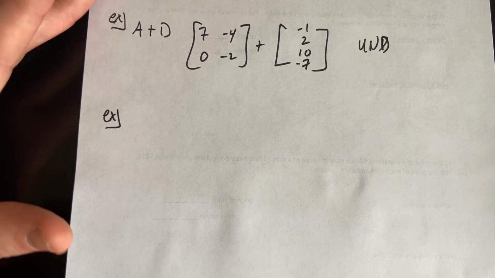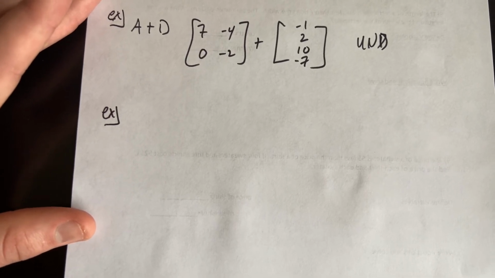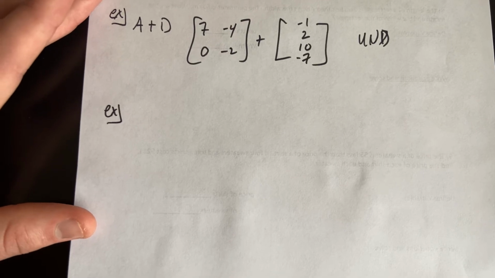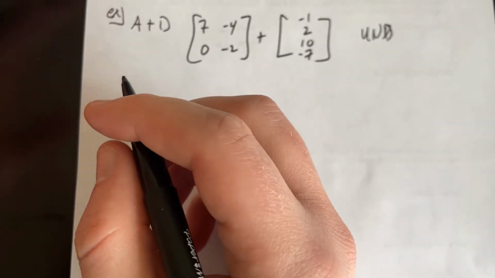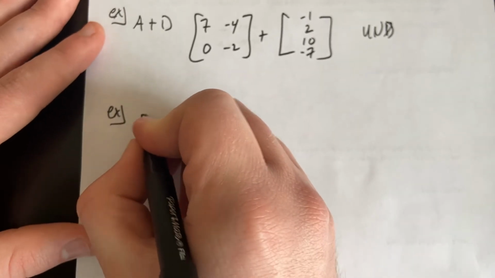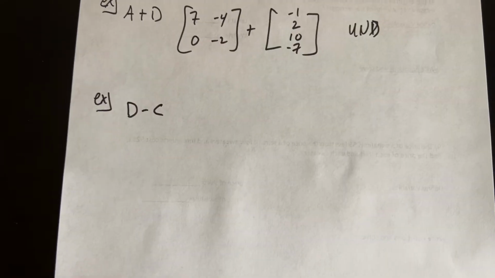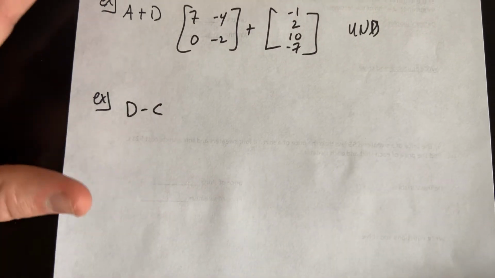But when you get into subtraction, when we're dealing with those negative values, you really need to pay attention to what order the letters are arranged, okay? So let's do D minus C. Okay, so when I do D minus C, matrix D has to go first, right?